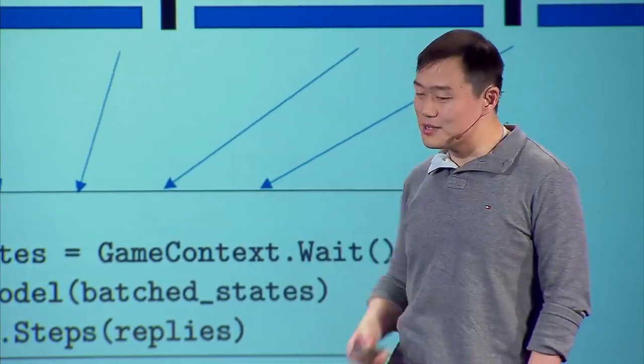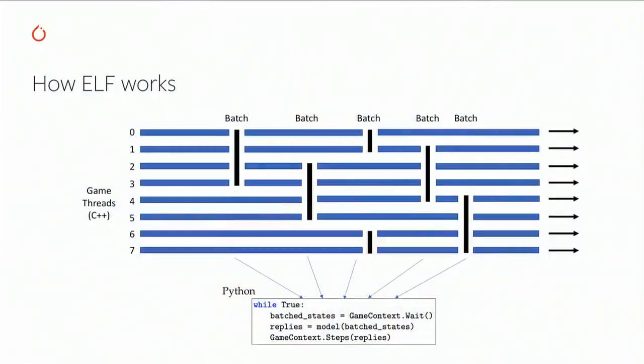So here's one simple slide summarizing how the ELF platform works. We have a lot of game threads. They all run in C++. Sometimes these game threads want neural network support to give back their action, but they want to be grouped together so that the action they return is more efficient.